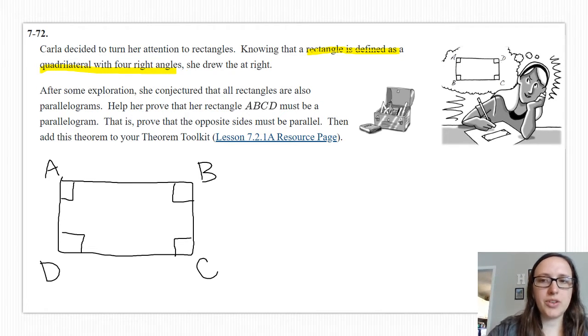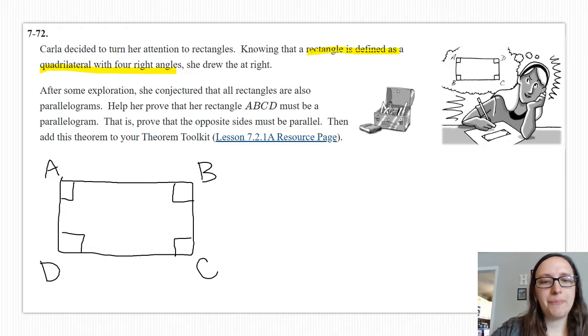A square is also a quadrilateral that has 4 right angles, but it also has equal sides. So all the properties that the rectangle has, the square also has. And we're going to prove, and it's going to be a really quick proof, that opposite sides are parallel.